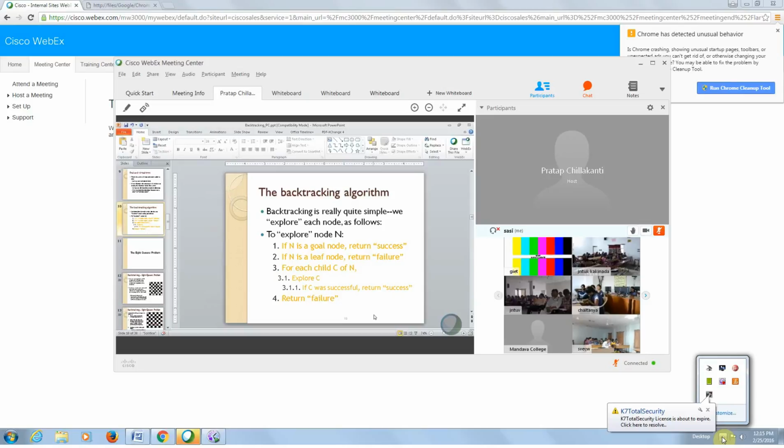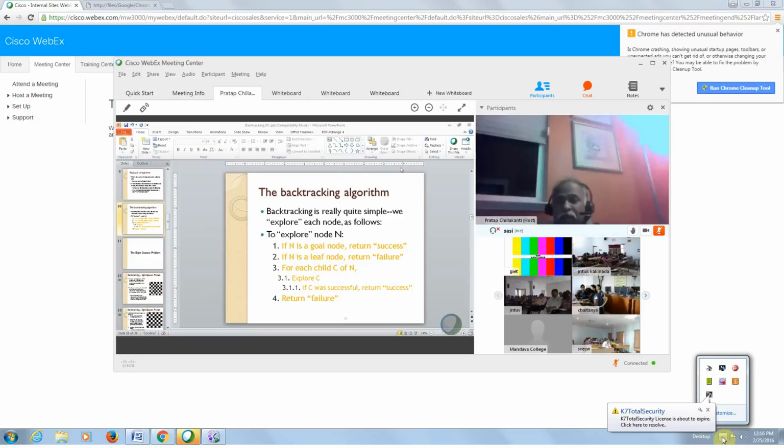If any of the children are successful, you return success. You are in the loop. So you considered the root node, the leaf node, and intermediate nodes, right? That's the algorithm for backtracking.